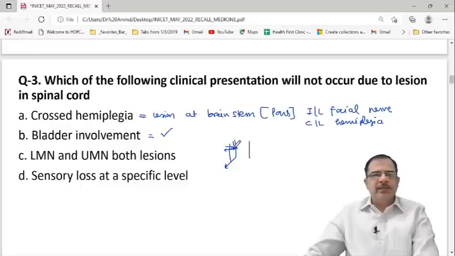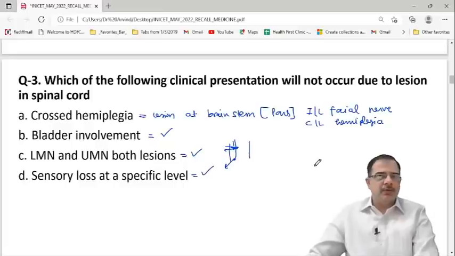So if the lesion is at this particular level, the upper limb will have a lower motor neuron lesion, but it will be an upper motor neuron lesion for the lower legs. So both the lesions can be seen at the level of spinal cord. Sensory loss at a specific level is a hallmark or pathological feature of a spinal cord involvement. So answer here is crossed hemiplegia.